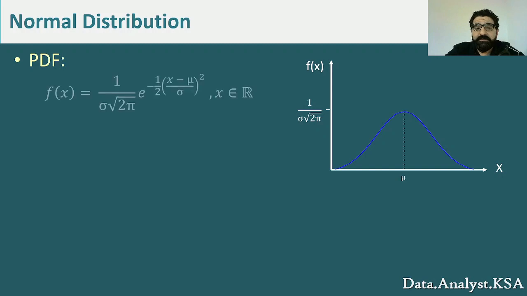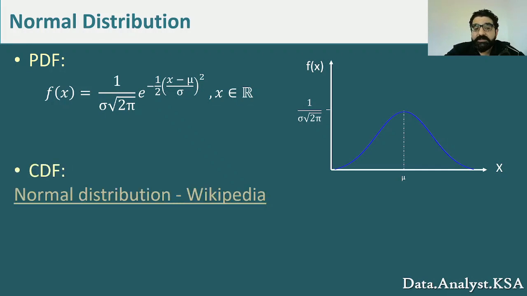So the probability density function might look a little bit complicated, but it's basically a value that is dependent on the sigma, the standard deviation, multiplied by e, which is the Euler coefficient, e to the minus 1.5 (x minus mu over sigma) all squared. So this is your PDF.